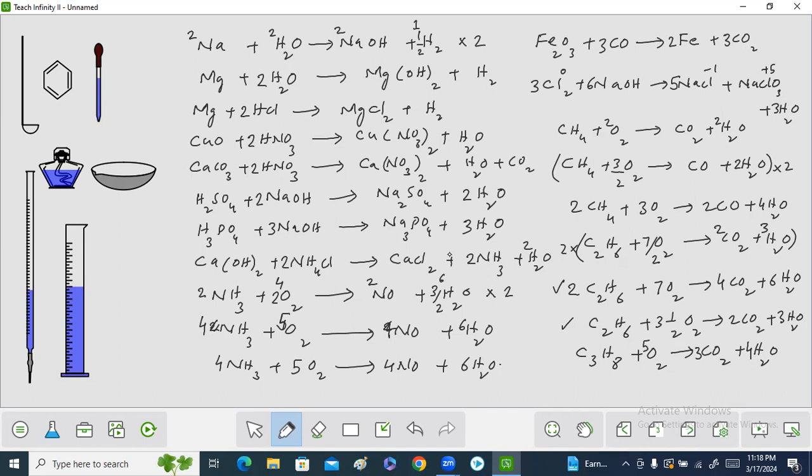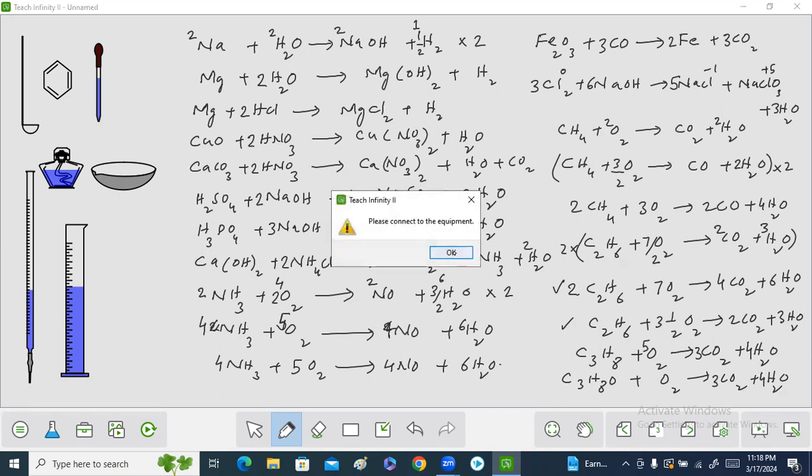Then if we have an alcohol, C3H8O, and it reacts with oxygen, carbon dioxide and water are the products, so carbon 3, then we can put 3 here. Hydrogen is 8, 4 times 2, 8. Now 3 times 2, 6, and then 4, 10. But we already have one oxygen here.